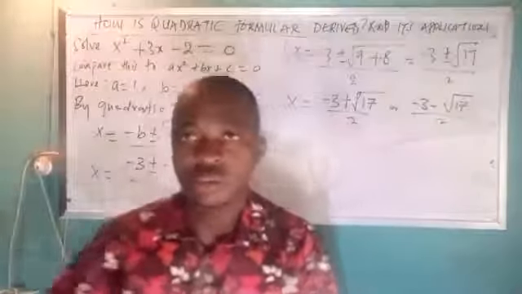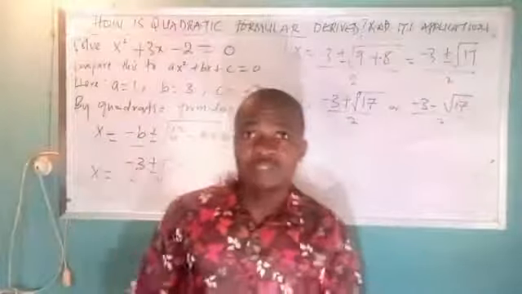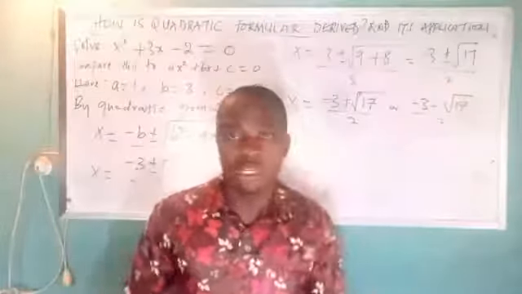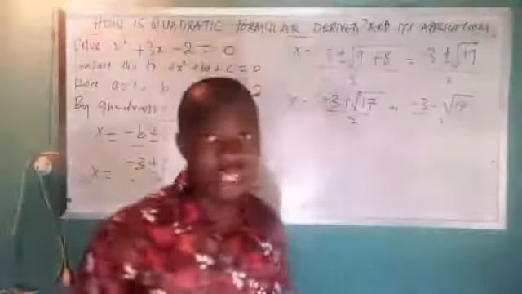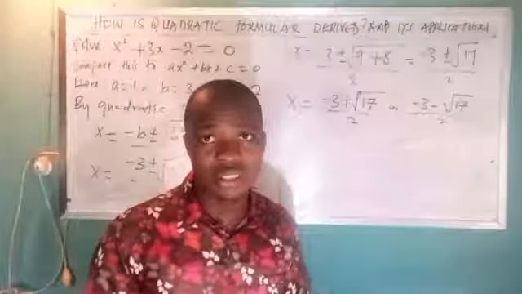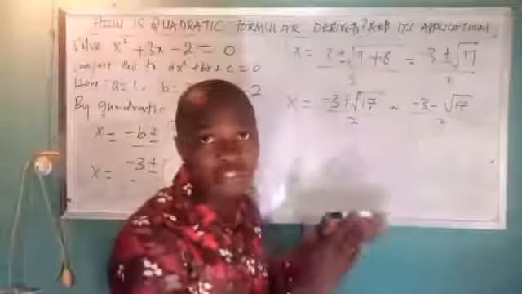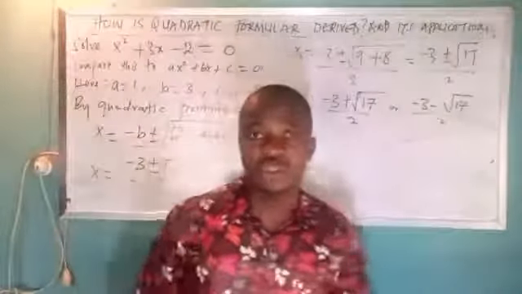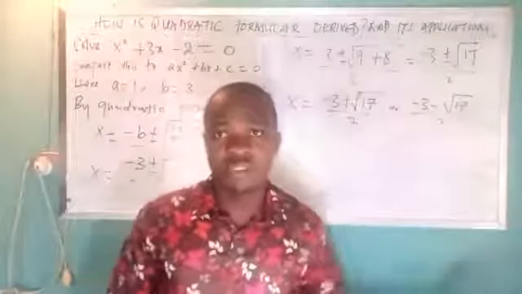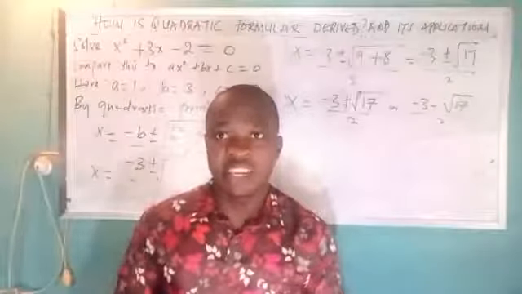So that is how we use it. Here you can see that we don't have a whole number as our result. Yes, it happens like that. If you see this kind of question, you lead to this. Our values are in short form, so it is preferable you leave your values in short form so that there won't be any approximation.